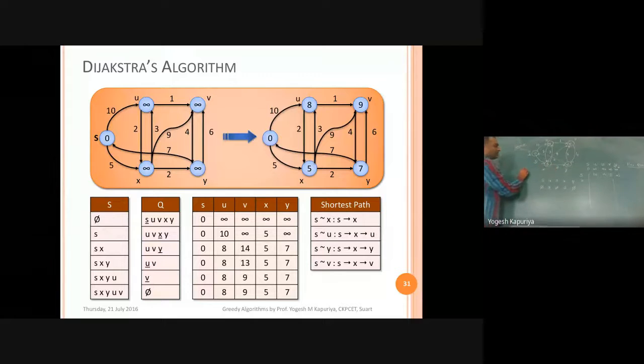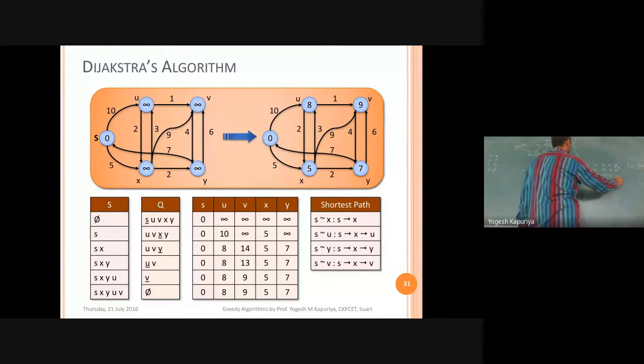Let us first consider X to Y. What is the distance of X? 5. What is the weight of XY? 2. So 5 plus 2 is 7, less than infinity.